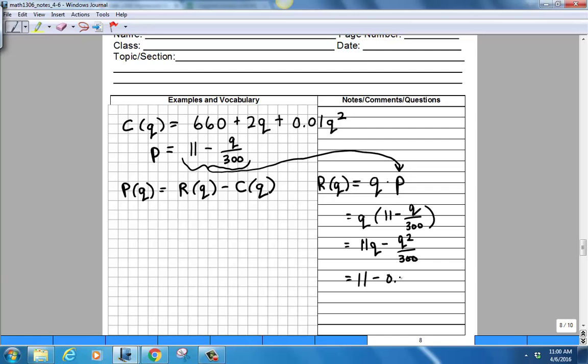Point what? 0.00 and then a bunch of 3s after that. Okay. All right, so let's try a couple of 3s. I'm just going to write 0.0033 there. And Q squared. All right.